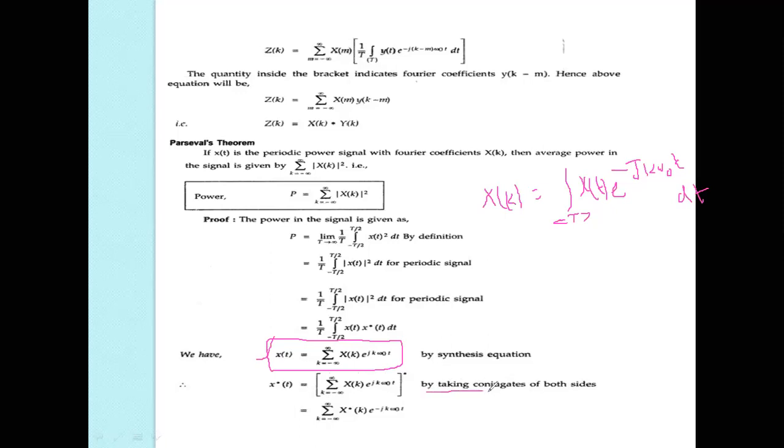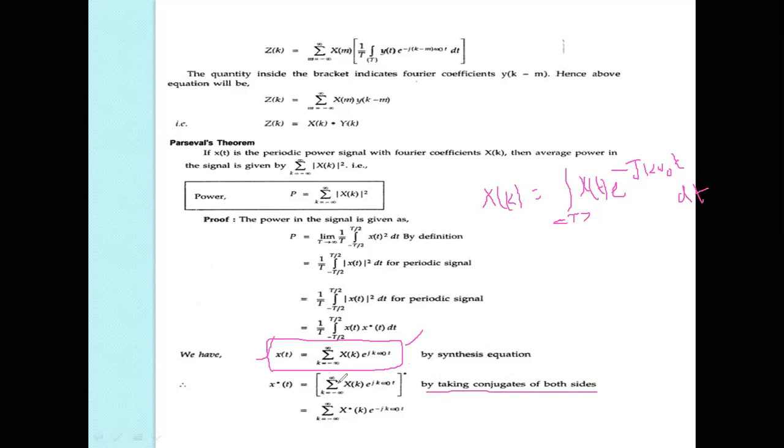This is by taking the conjugates on both sides of the synthesis equation. On the right hand side, we can see x of k with the star becomes the conjugate x star of k, and this exponential is a positive exponential. With this conjugate, the positive exponential becomes a negative exponential here.